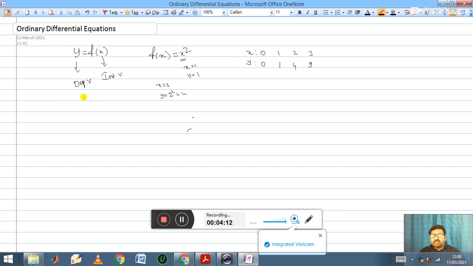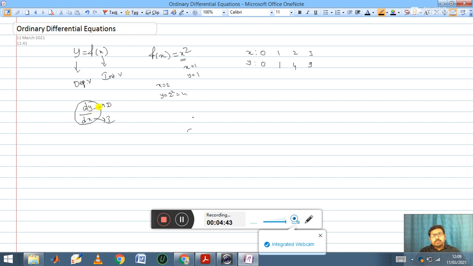And we know one general notation, dy by dx. This is known as a derivative, usually called the first order derivative. Here y is the dependent variable and x is the independent variable. y comes in the numerator and x in the denominator, meaning the y value always depends on the x value.